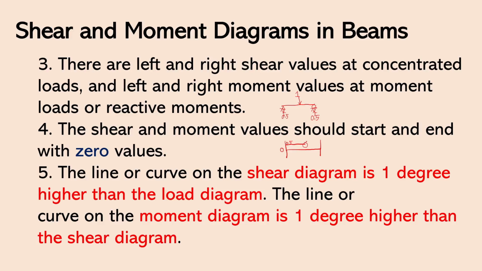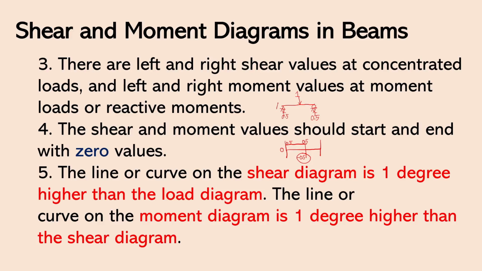However, when we reach this point, then we go down by 1. That is what right shear value means. Because this 0.5 is the left shear value. And then if we go down by 1 here, it will become 0.5 minus 1, which is negative 0.5. Now, this 0.5 here is the left shear value. And then this negative 0.5 is the right shear value at this point.